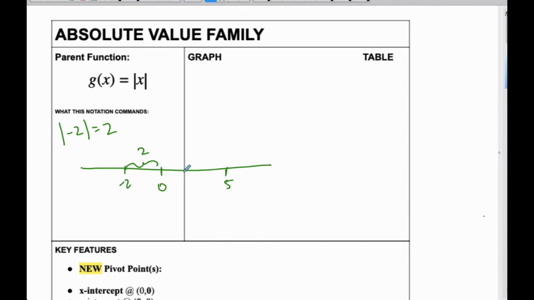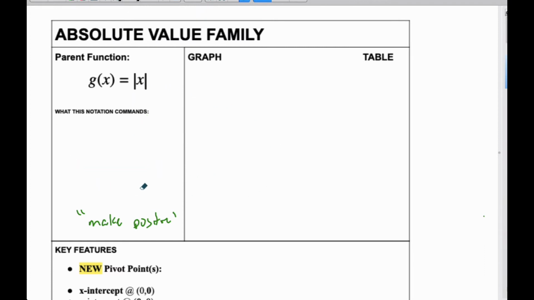Similarly, the distance away from 0 of 5 is also a positive value. Whether you think of it as distance or as the make positive function, either way works. It takes values and makes them all positive. Once you've done the operation of the absolute value, then it comes off.